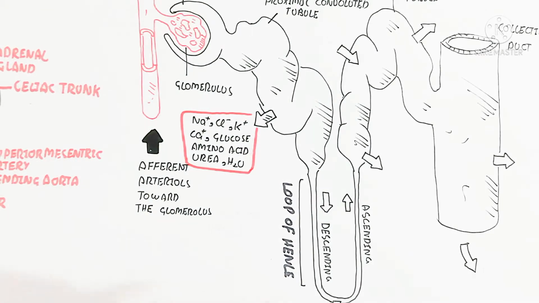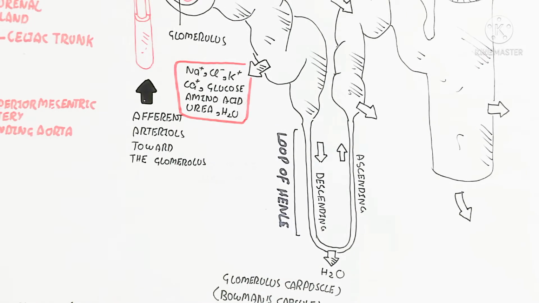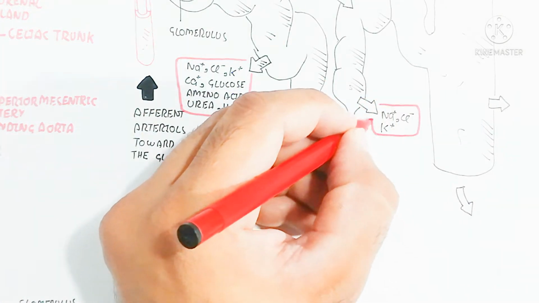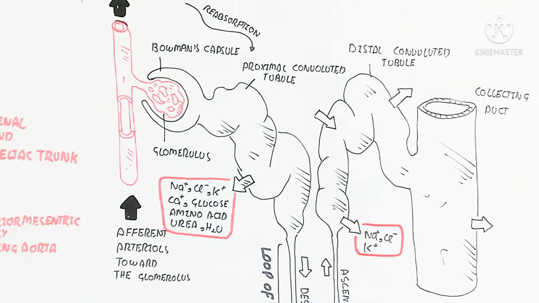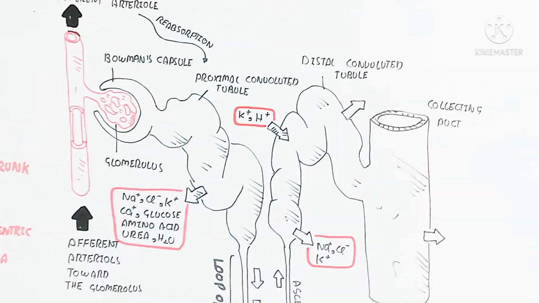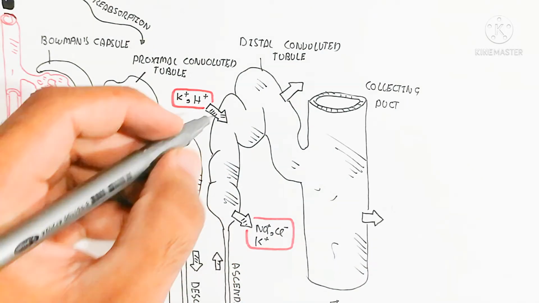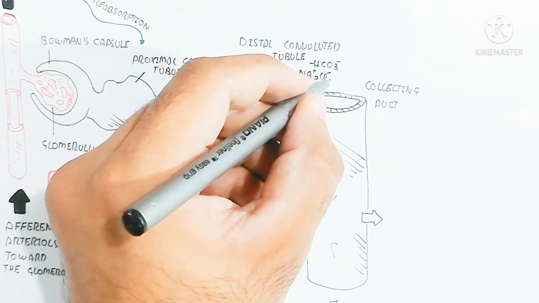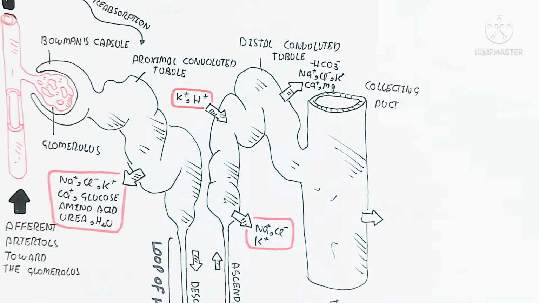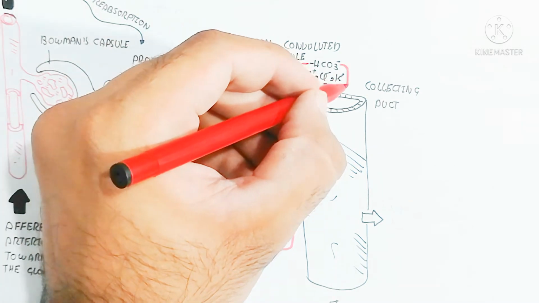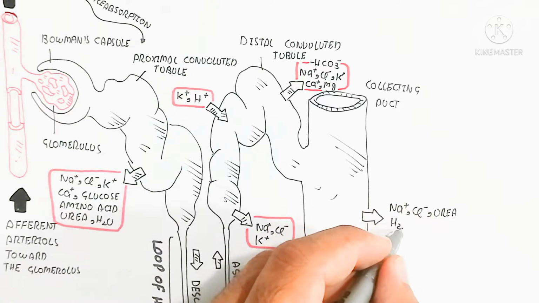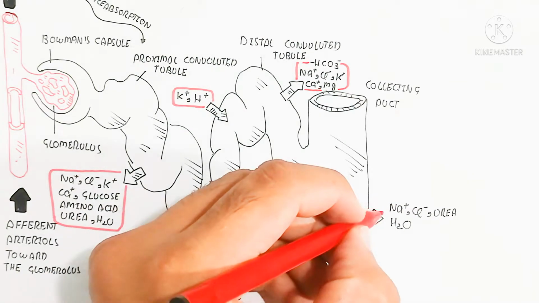After that, the loop of Henle, ascending and descending, absorbs water, and the beginning of the distal convoluted tubule reabsorbs sodium, chloride and potassium, while potassium and hydrogen ions move from the blood into the nephron. The end of the distal convoluted tubule reabsorbs hydrogen bicarbonate, sodium chloride, potassium, calcium and magnesium.